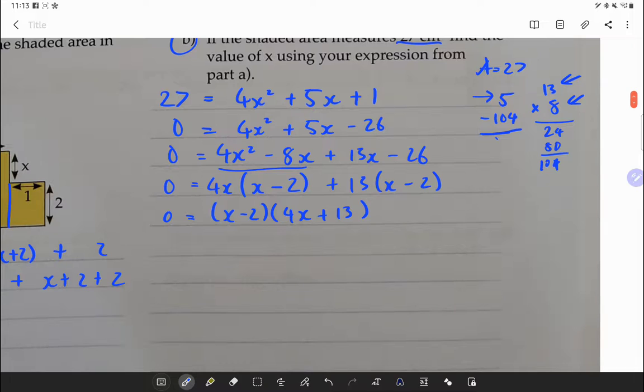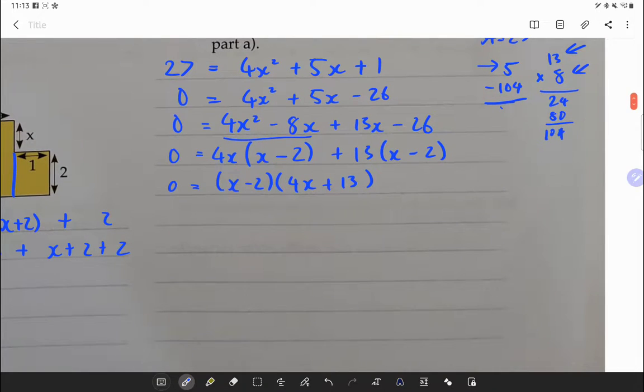Boom. So let's solve it. We're saying x minus 2 is 0, or 4x plus 13 is 0. So x is either 2, or x is, and I'm going to do two steps at the same time, negative 13 over 4, which is the same as negative 3 and a quarter, 3.25.